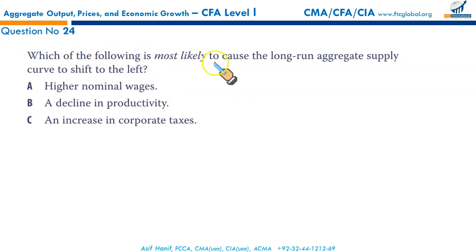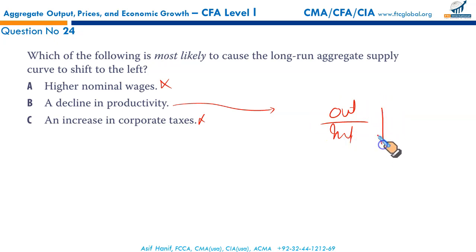Which of the following is most likely to cause the long run aggregate supply curve to shift to the left? Well, higher nominal wages, they will, but in the short run. Increase in the corporate tax, yes, they will shift, but the short run aggregate supply curve. But look at this, a decline in productivity. What does productivity mean? Productivity is the measure of efficiency of labor, basically the output produced per unit of input, right?